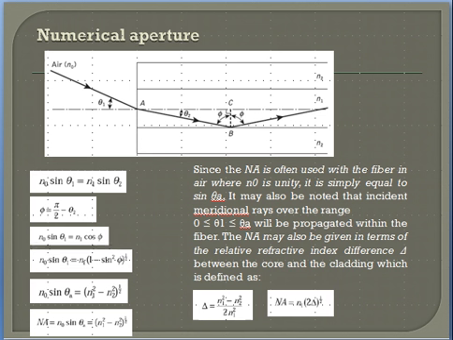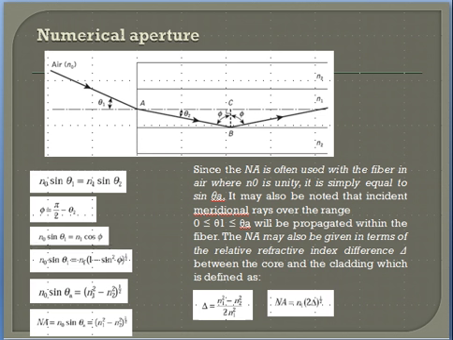Using the trigonometrical relationship sin squared psi plus cos squared psi equal to 1, we can rewrite the equation. Therefore n0 sin theta 1 equal to n1 into (1 minus sin squared psi) whole power 1 by 2.